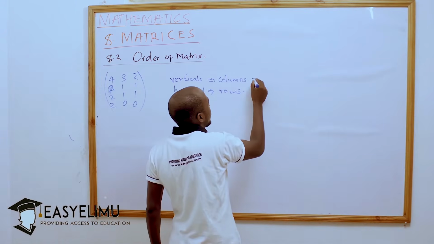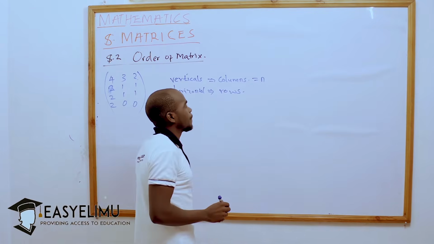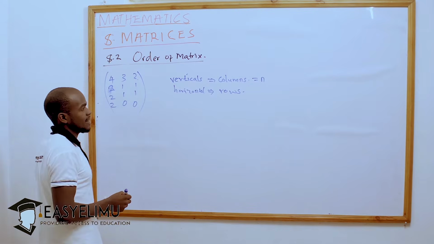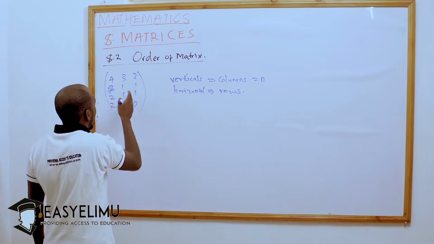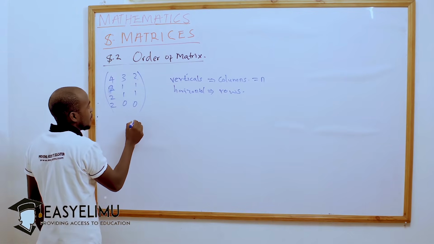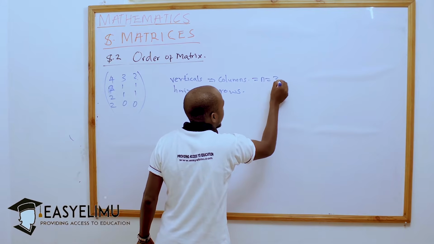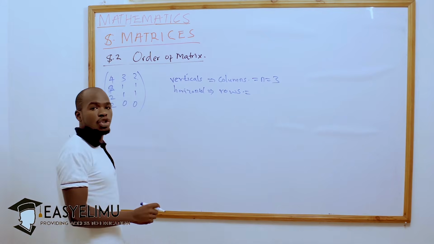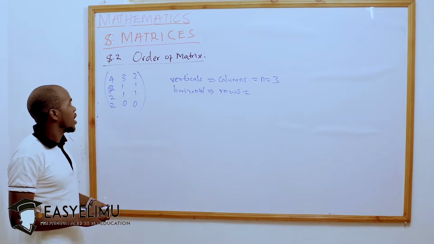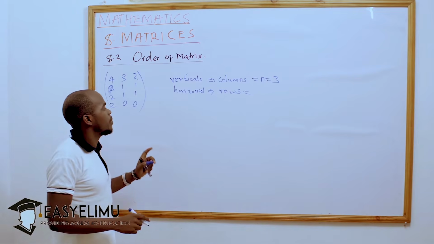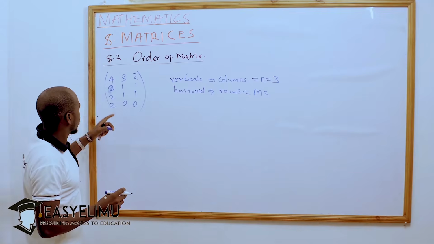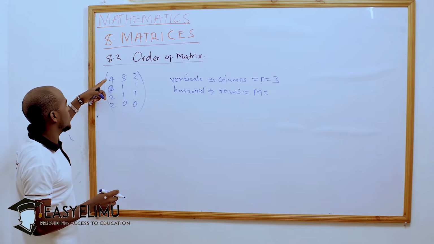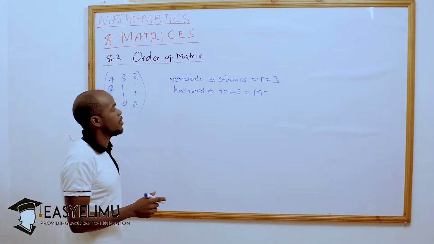We can give the number of columns a letter like n, which can be any number. For our case it is 3. And the horizontal ones, the rows, we can call m. We have 4 of them.